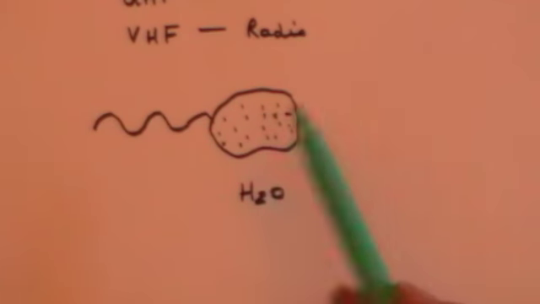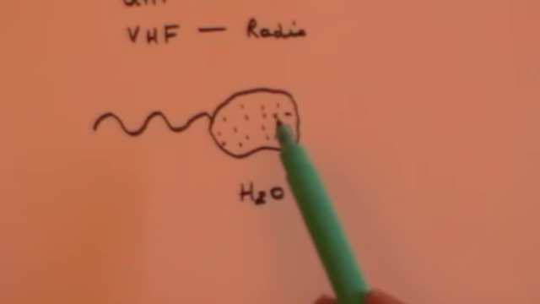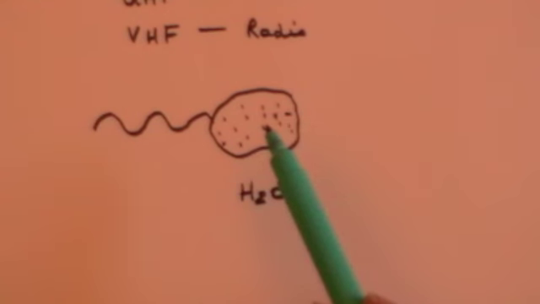So you're no longer providing heat on the outside, but microwaves penetrate the food, they get absorbed by the water molecules. The water molecules therefore heat up because that's the heat energy, and that cooks the food.